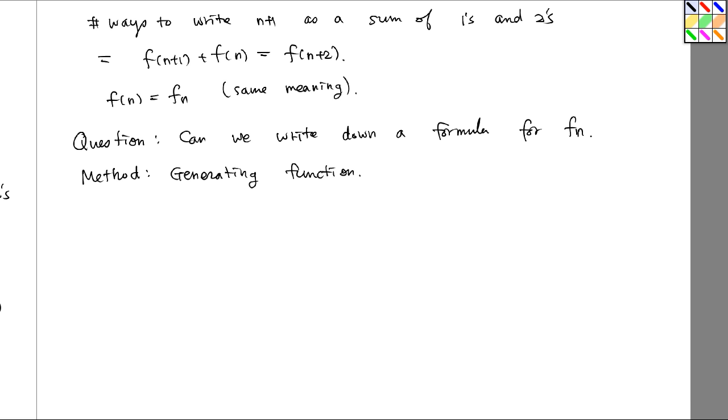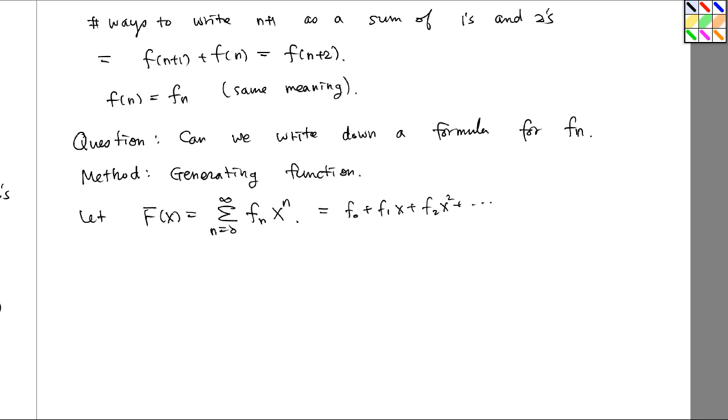So let f of x be the generating function for the Fibonacci numbers. So it's going to be f sub 0, plus f sub 1 x, plus f sub 2 x squared, plus dot dot dot. And we will write this.